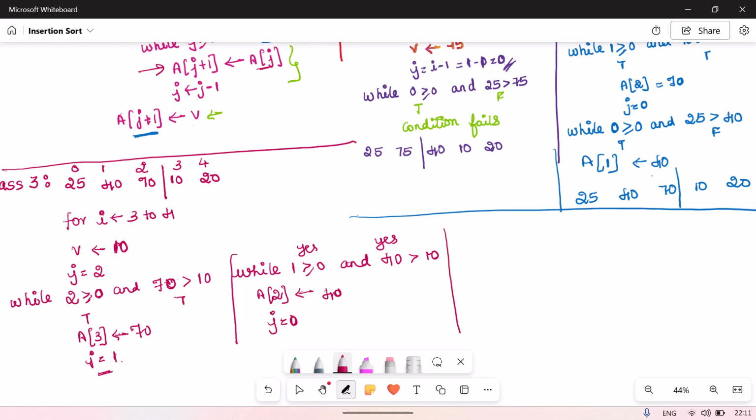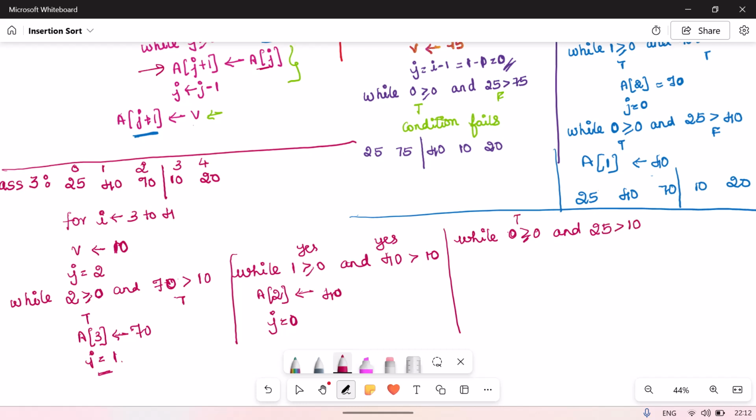Again, check. While j greater than or equal to 0, so 0 greater than or equal to 0, and 25 greater than 10.